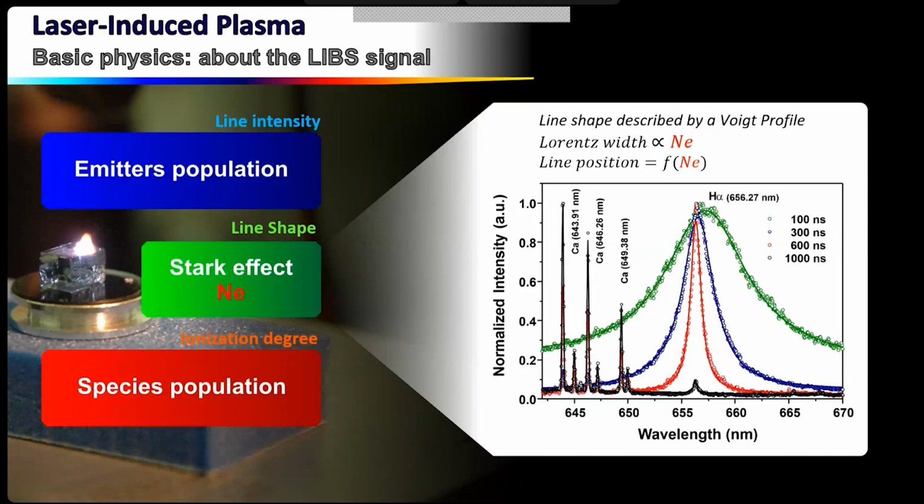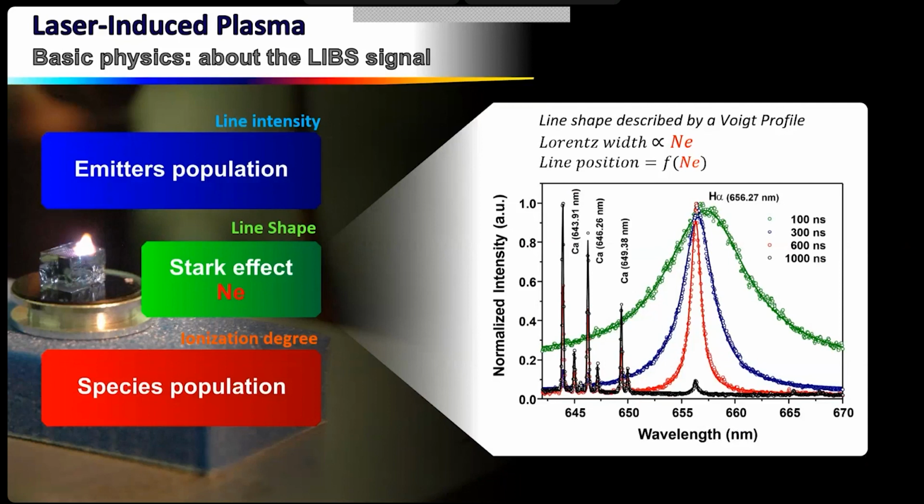On the left, here you can see some calcium lines that appear more Gaussian. I don't know if you are familiar with these profiles. It means that in this case, we are limited by the resolution of the spectrometer, which is almost very similar to a Gaussian function.